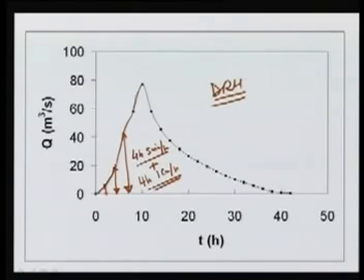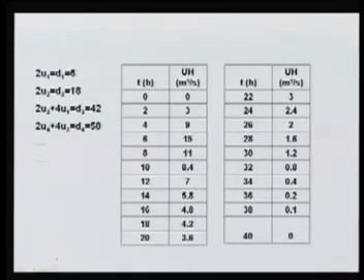Not the ordinates at the same time, but they are shifted. So using this DRH, if we want to evaluate the unit hydrograph, we will have to do an analysis like this. Suppose the ordinates of the 4-hour unit hydrograph are U1, U2, U3.